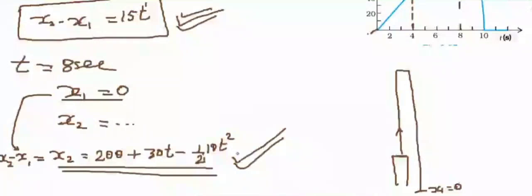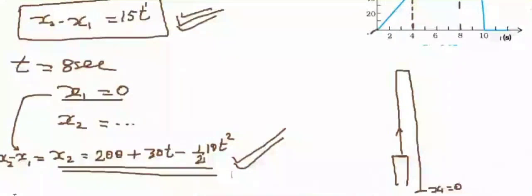When you consider only the second stone, the equation is a second degree equation. Second degree equation is a parabola. That is the reason the graph is a parabola after 8 seconds. Okay.